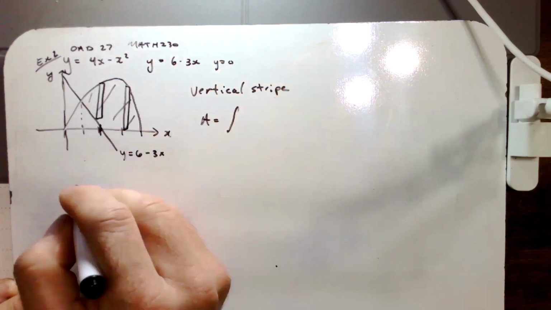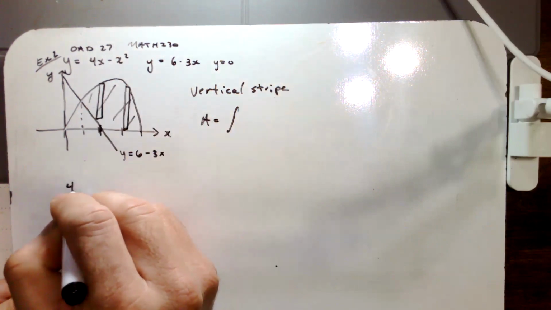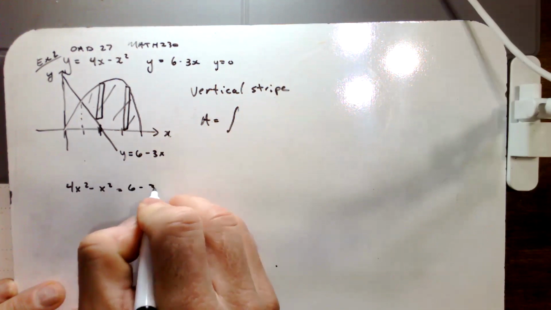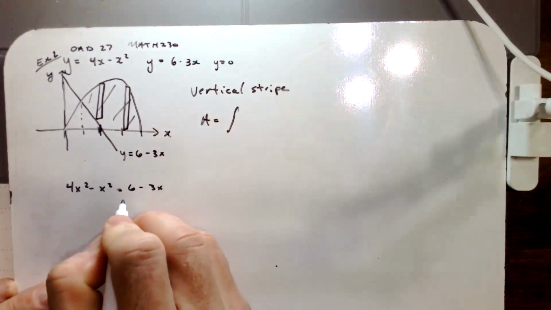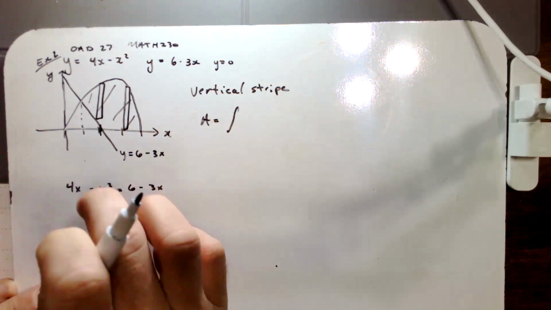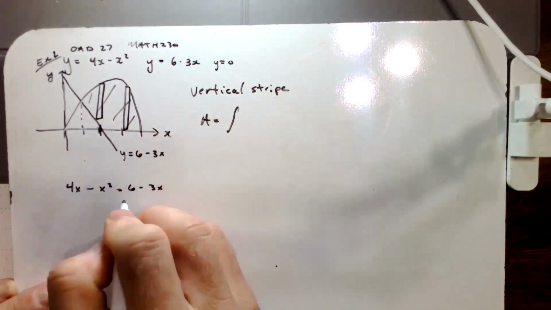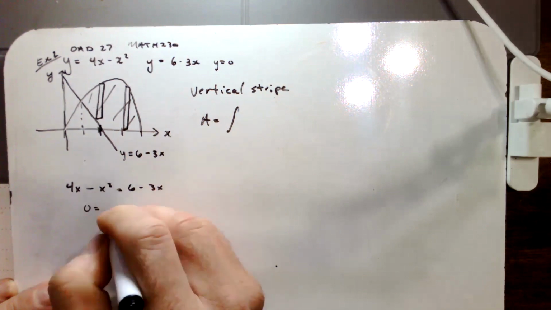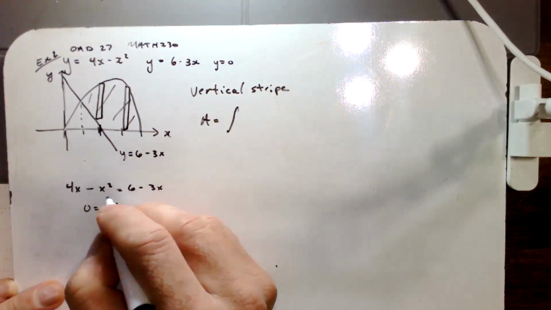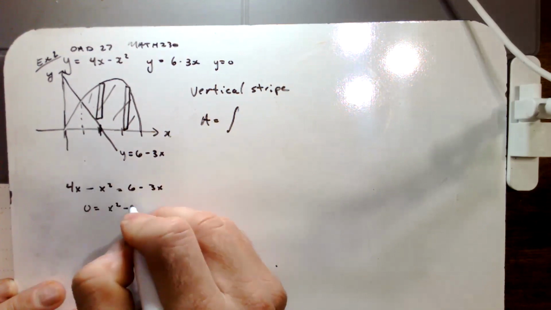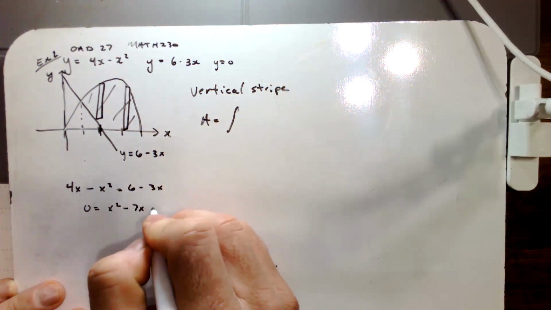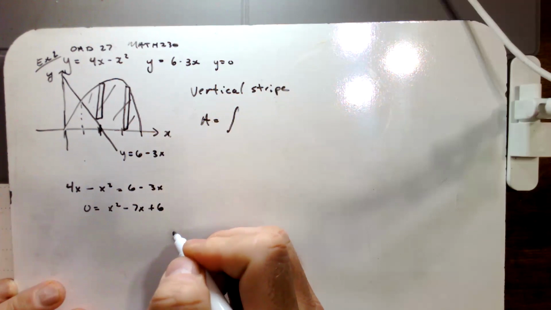Looks like at x equals 1, but just to make sure, 4x minus x squared equals 6 minus 3x. Okay, so let's move everything over. So we get 0 is equal to x squared, minus 7x plus 6.